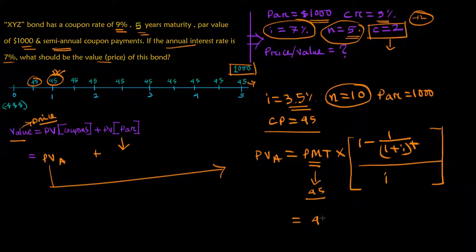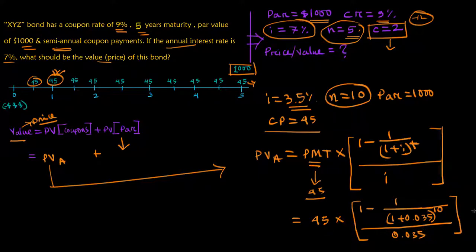Now let's put the numbers into the formula. So we have 45 multiplied by 1 minus 1 divided by 1 plus 0.035, that is 3.5%, to the power 10, divided by 0.035.